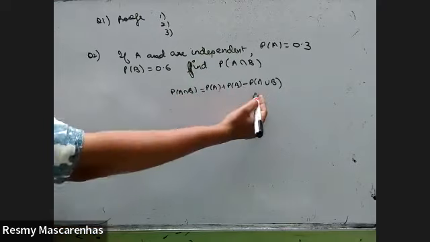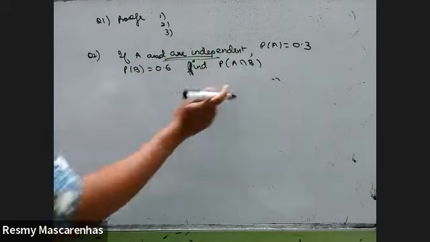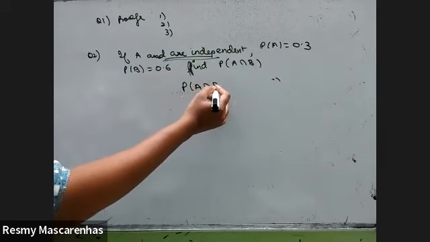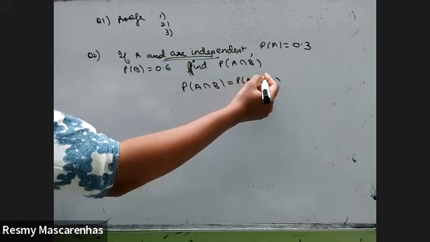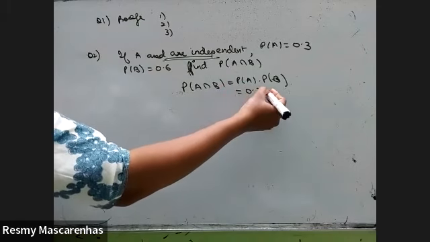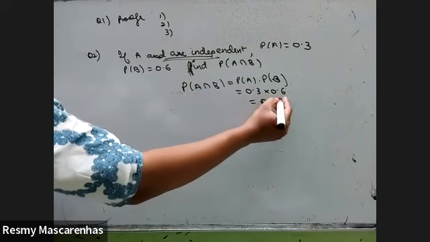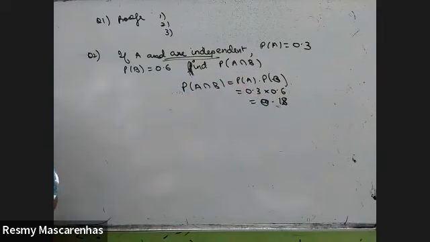In general, this is the formula. But whenever independent, then you can directly use this specific formula. P of A into P of B. So straight away this will be. Third question.